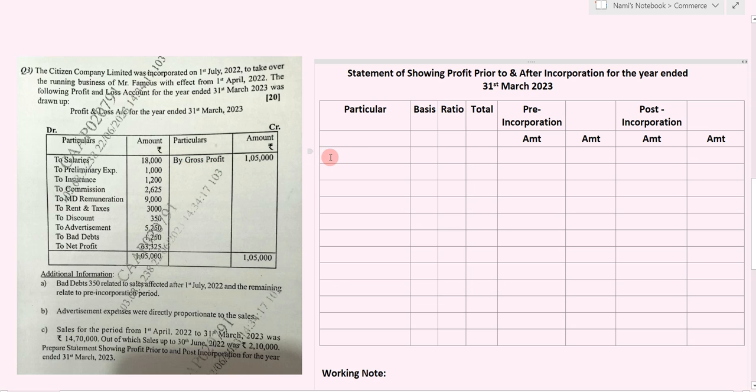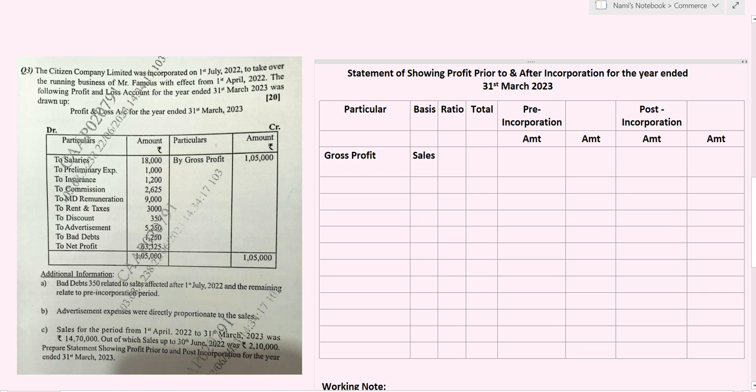Always gross profit is allocated on the basis of sales ratio. Always start preparing your statement showing profit prior to and after incorporation by distributing the gross profit. So gross profit is distributed on the basis of sales ratio.